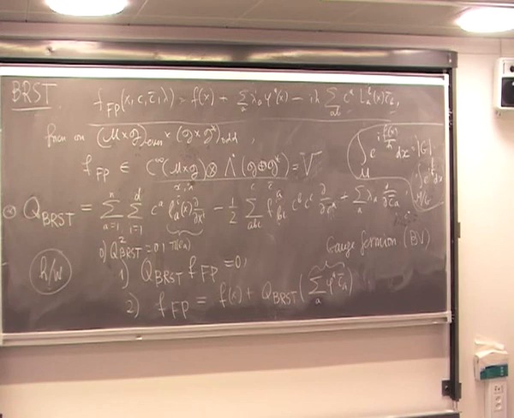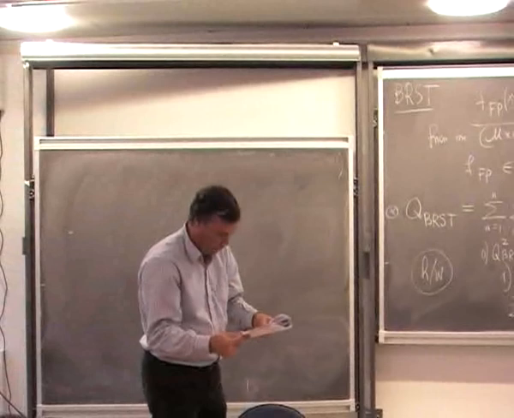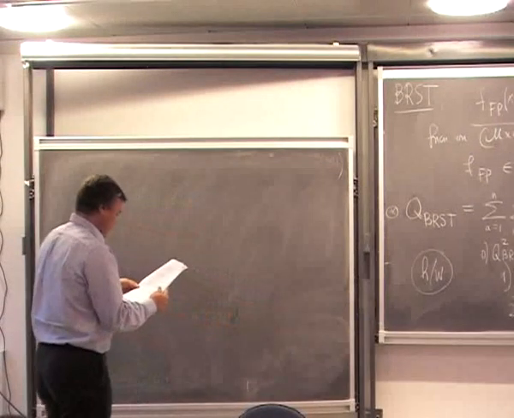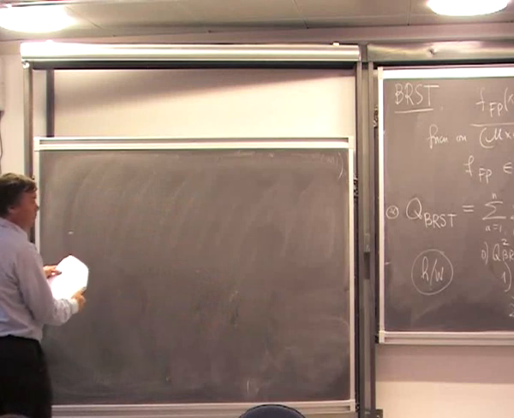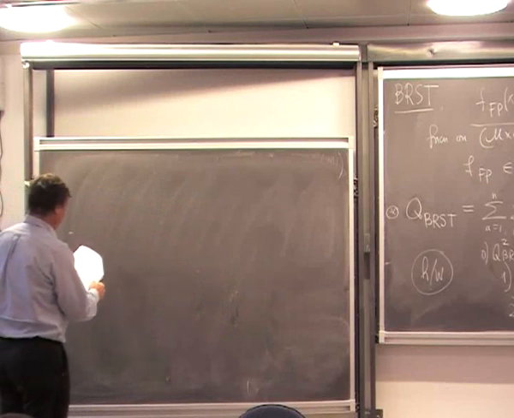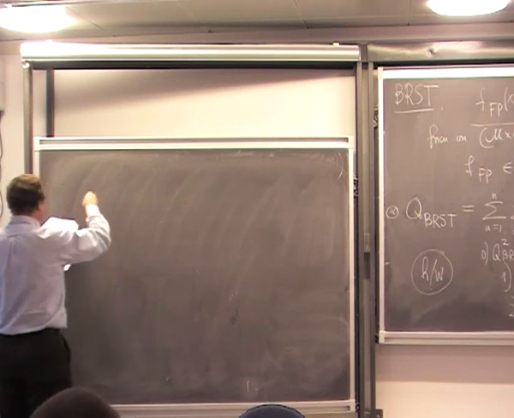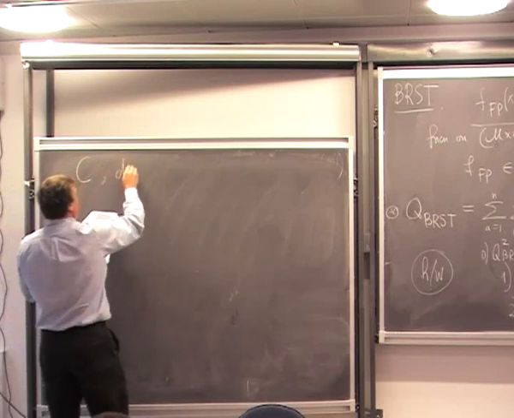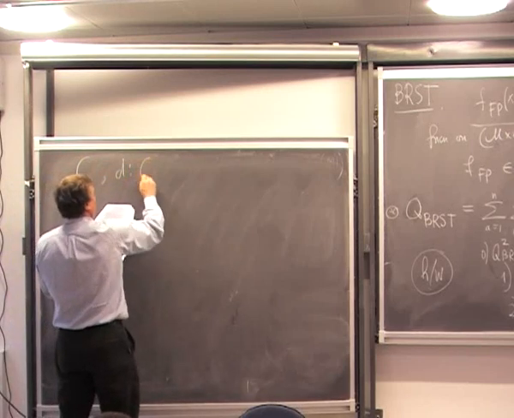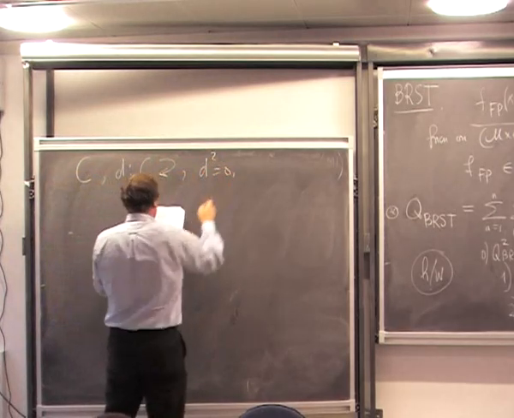So let me just recall some general linear algebra. Suppose we have a super vector space C and a differential d acting on C, d squared is 0.